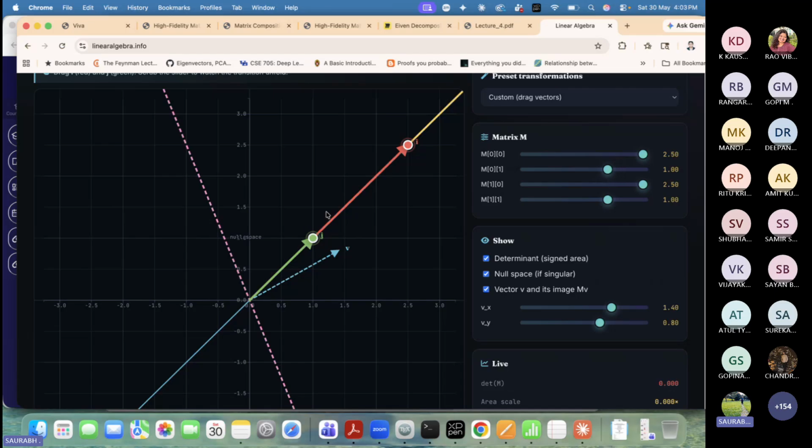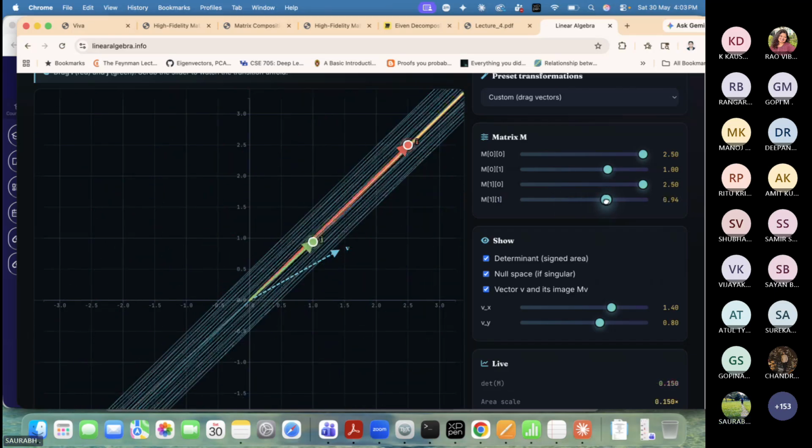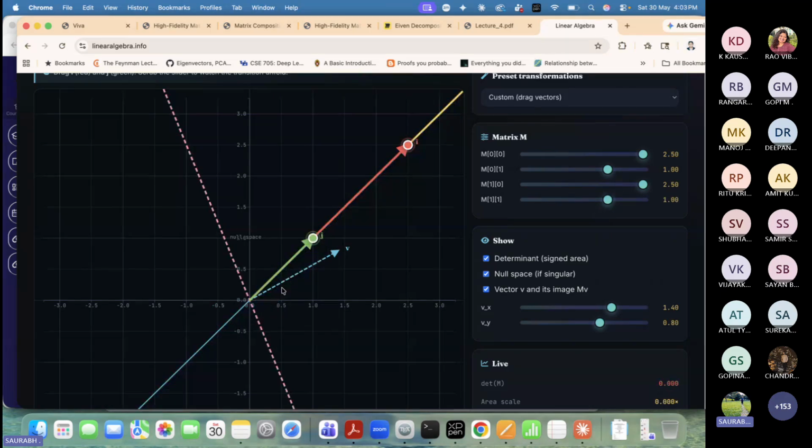Now you see that the entire space has collapsed to one dimension. The reason for that is the values of your matrix are dependent on each other. The first row vector, 2.51, is exactly the same as the second row vector, right? So your entire space has collapsed like this, and hence the determinant has become 0.